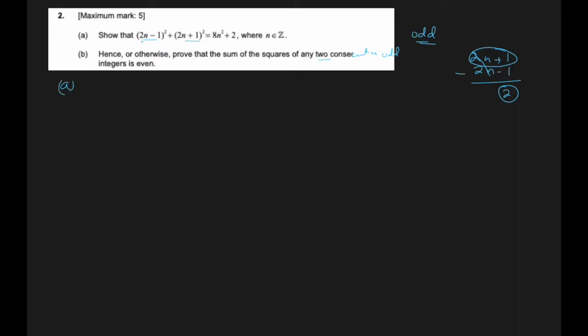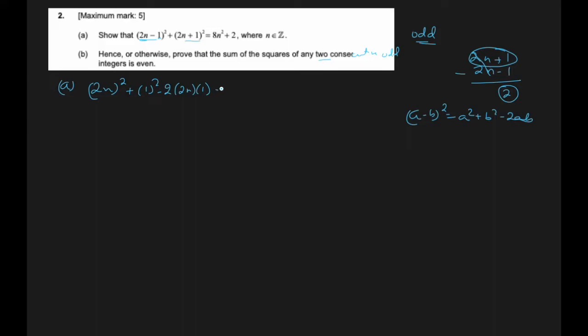We will expand the brackets here. We know an identity that (A minus B) squared is A squared plus B squared minus 2AB, right? And that's what, 2n will be A for me, 1 will be B. So A squared plus B squared minus 2AB.